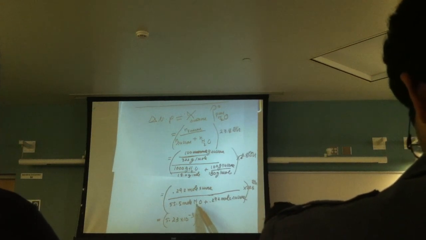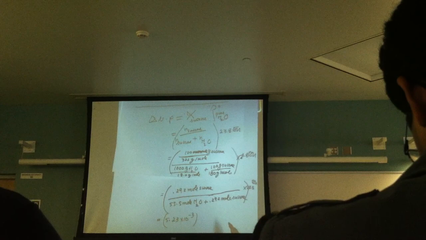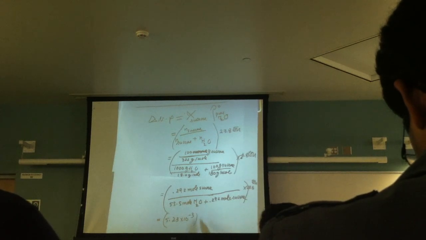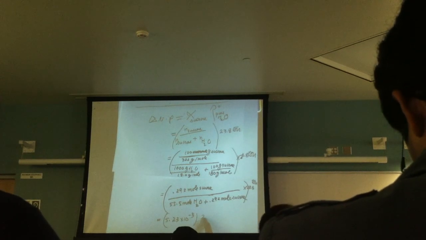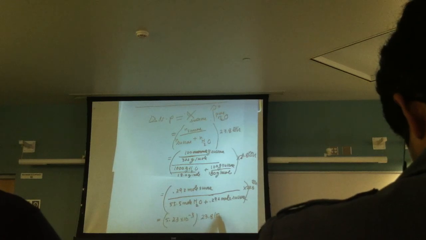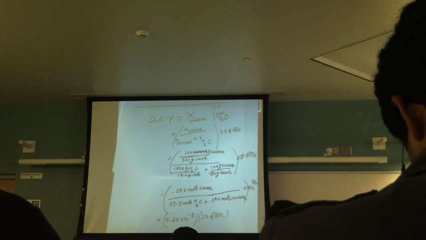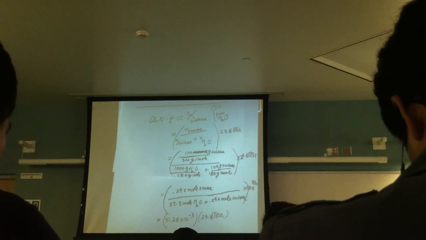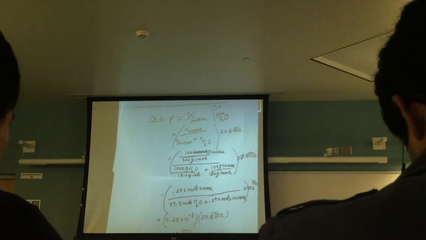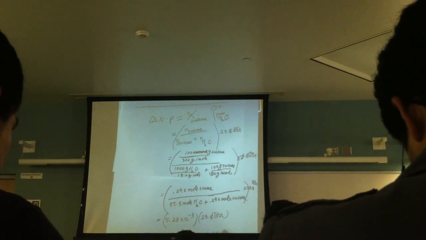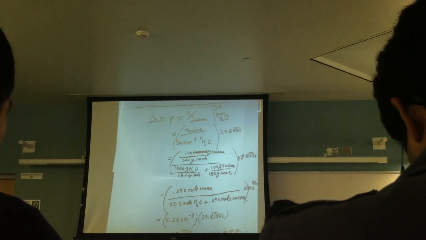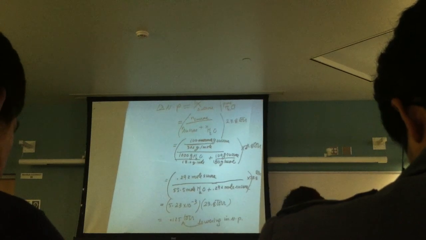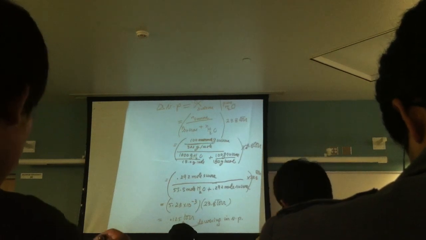Mole divided by mole, I get no unit. Mole fraction has no unit. That's the lowering in the vapor pressure. This is the lowering in the vapor pressure.